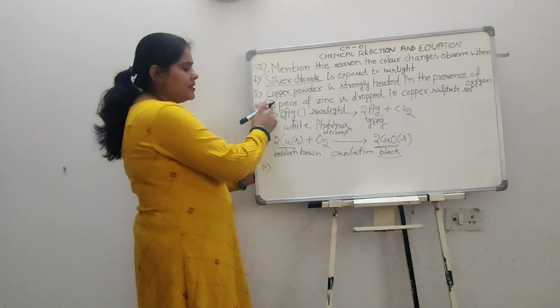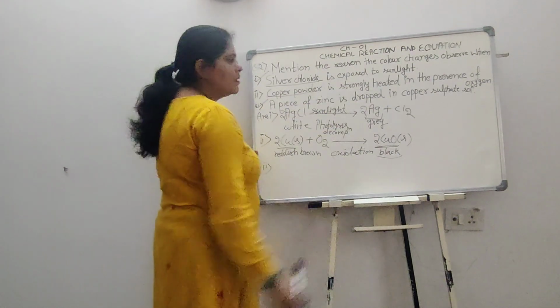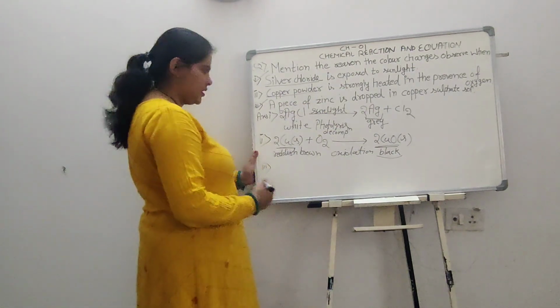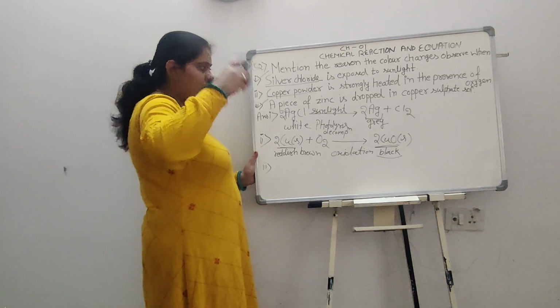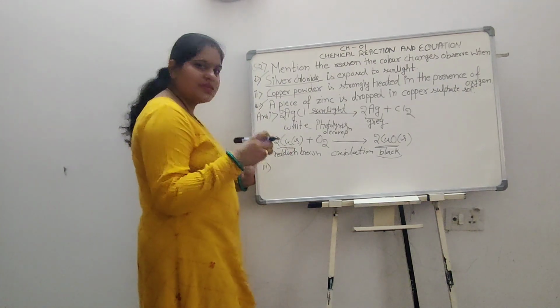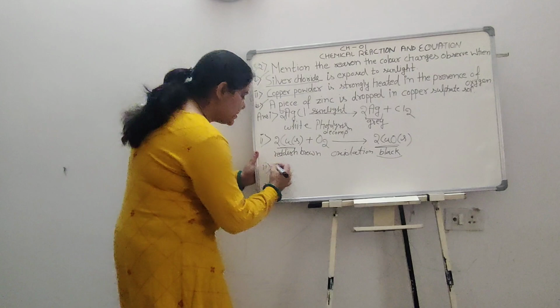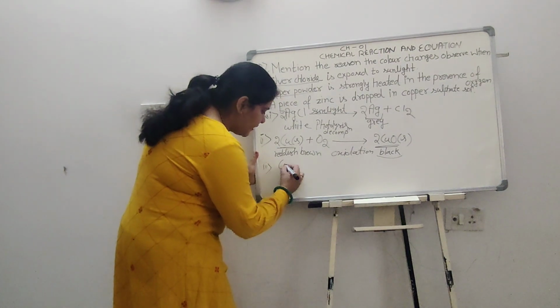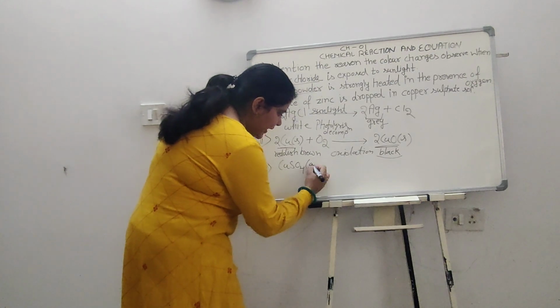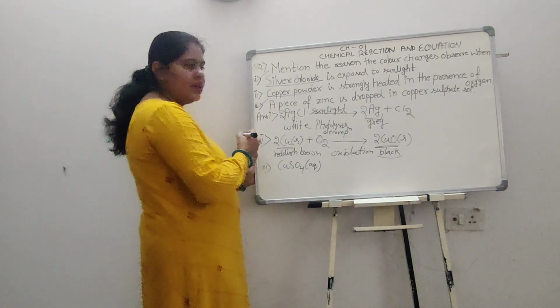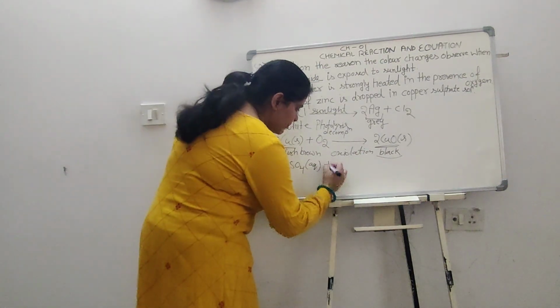The third statement is, a piece of zinc is dropped in copper sulfate solution. You are putting a piece of zinc in copper sulfate solution. What is the formula of copper sulfate? CuSO4. You take the aqueous solution of copper sulfate and add a zinc piece.